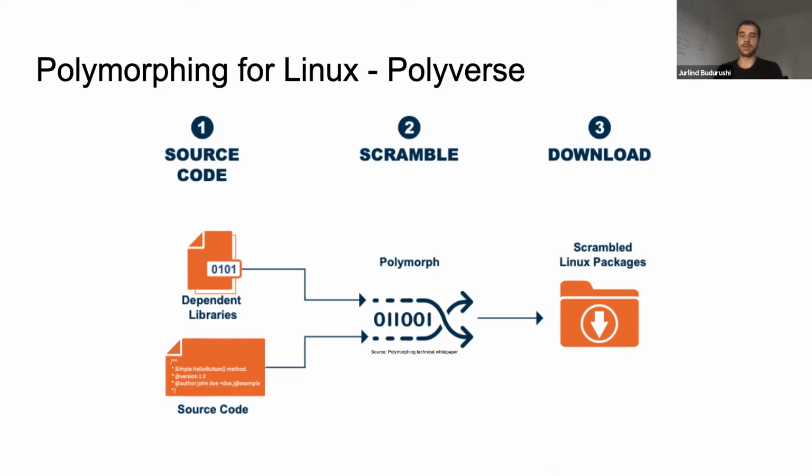Meaning that if an attack is known out there, or if a vulnerability has been exposed, and there is no workaround for that, this attack wouldn't scale if you imagine having a different unique instance of the operating system. So this is the main idea behind that. And if you are more interested, please listen to our previous talk, and we have provided some information where you can read more about it.